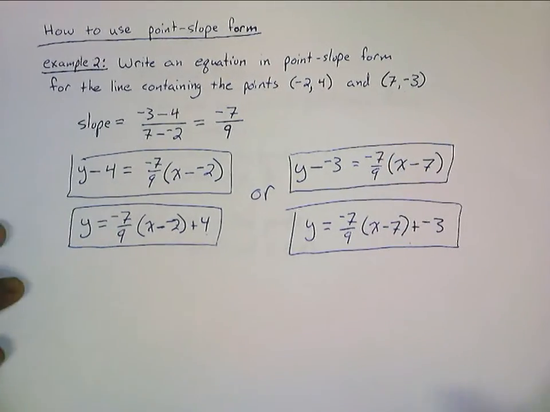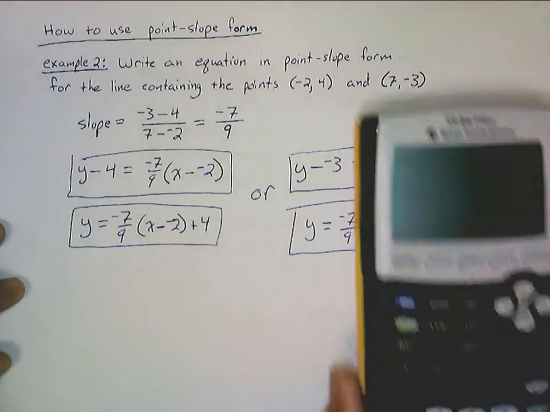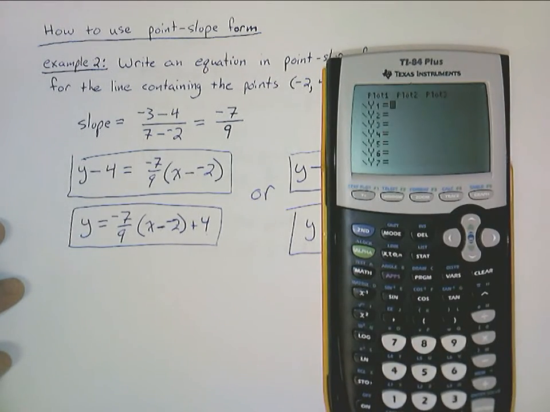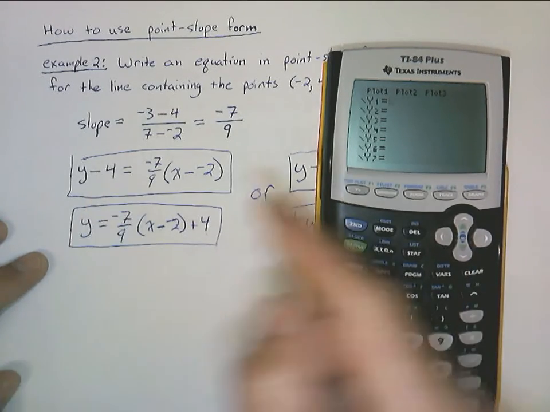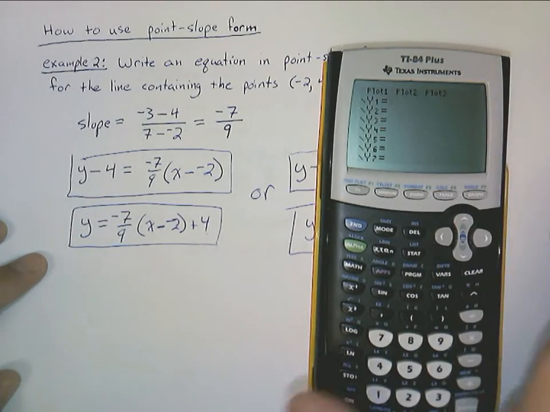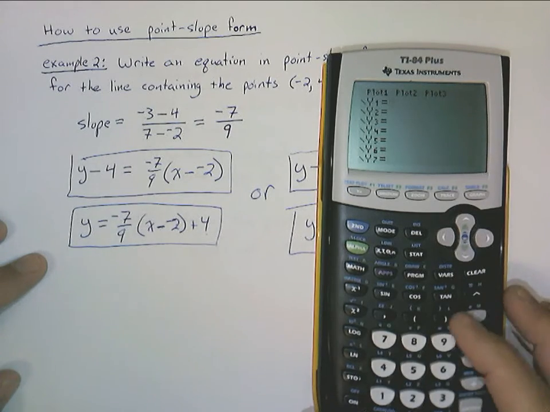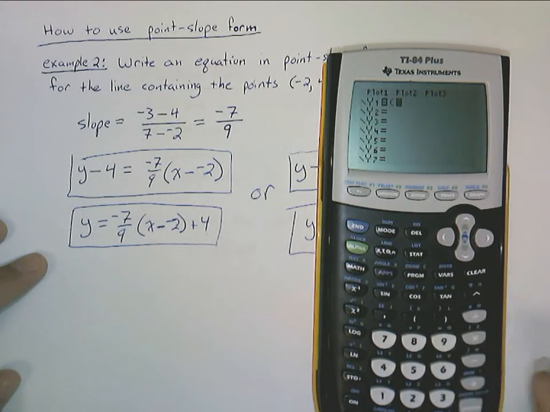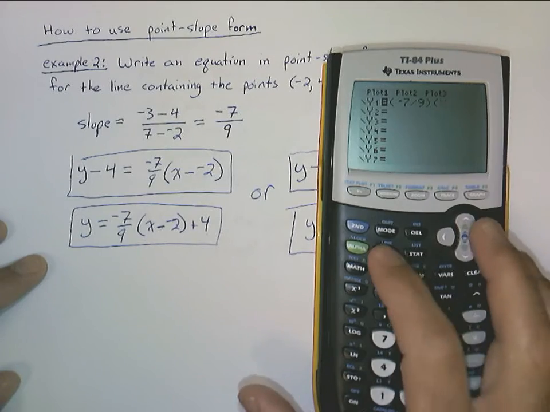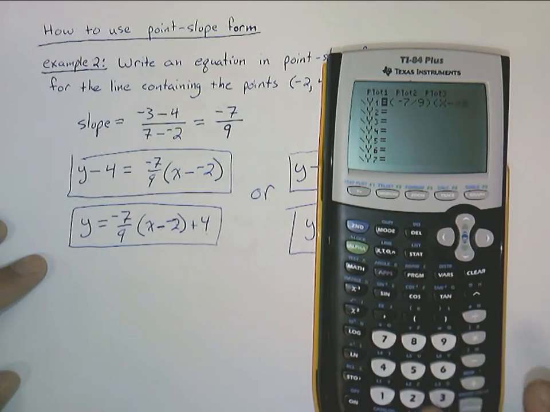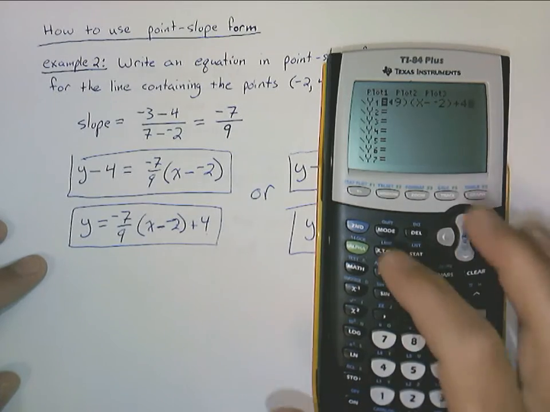And we can check to see if we did this correctly as well. If we just want to punch this in our calculator really quick, let's try this one. Now I can't use the old school one because the calculator demands that we have y all by itself. So y is equal to, I'm going to use some parentheses just to keep things straight, -7/9 times the quantity of x minus -2 plus 4.